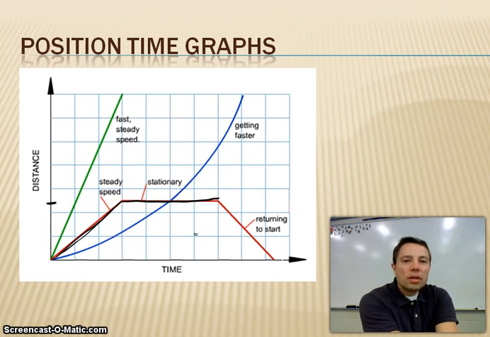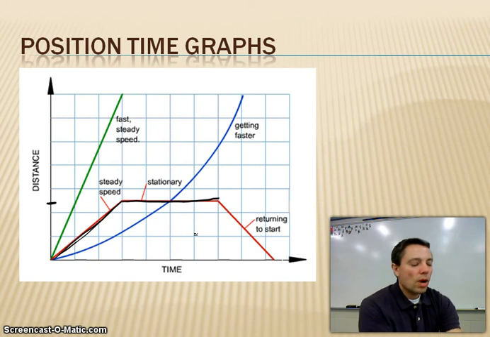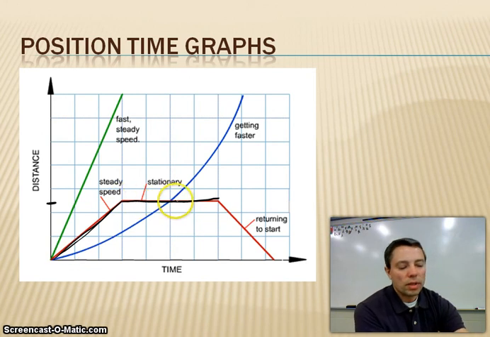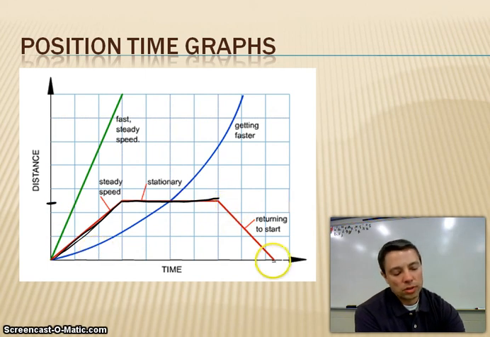I'm standing still, okay? So I was running for a while, and then all of a sudden I stopped because I probably had to wait for the traffic light to go, and then maybe I decided that I needed to go back home. So again, you can see that I'm running now where my position is actually going back towards the origin. So this is a return back to the start.